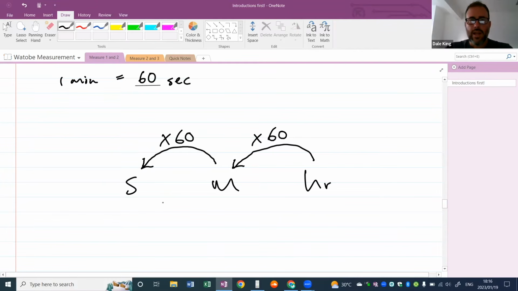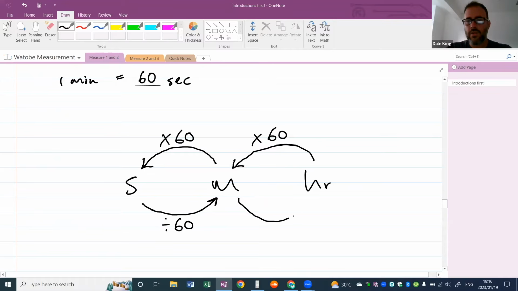All right. And what if we're going from seconds to minutes? Okay. What if we had 60 seconds and we need to know how many minutes? We're going to go the other way. From seconds to minutes, from the left to the right here, we do the opposite operation. Since we were timesing by 60 to go from minutes to seconds, we need to divide by 60 to go from seconds to minutes.